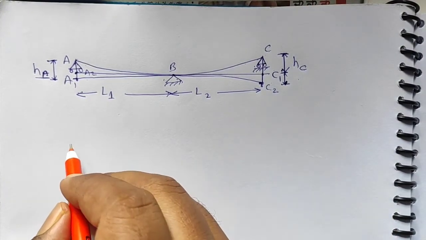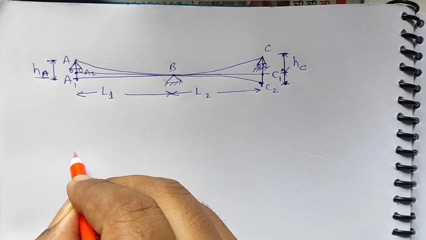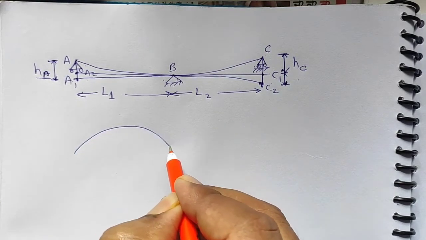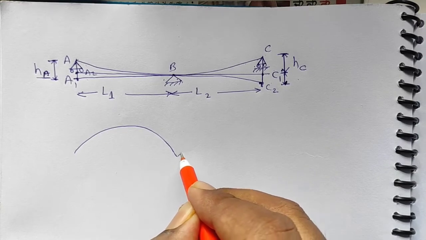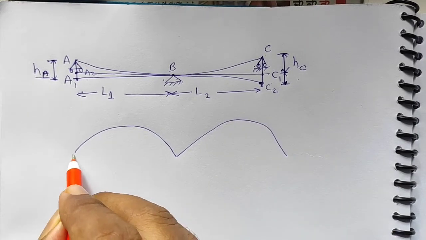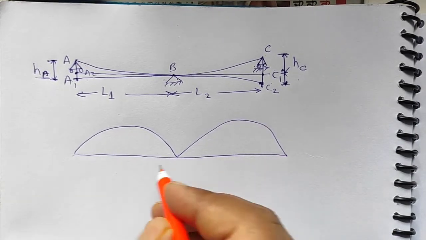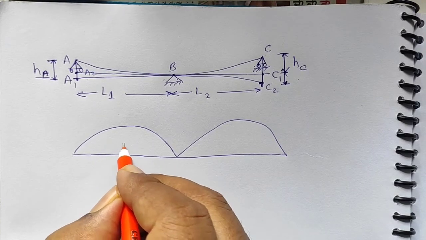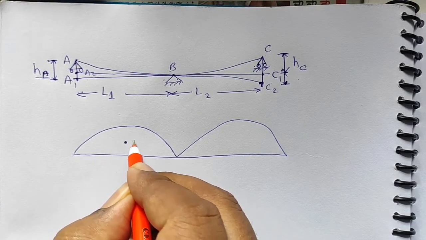In such a case, if I draw a free moment diagram for these two beams, it will be like this. I am drawing a free hand diagram.